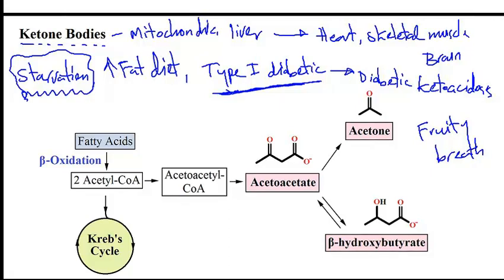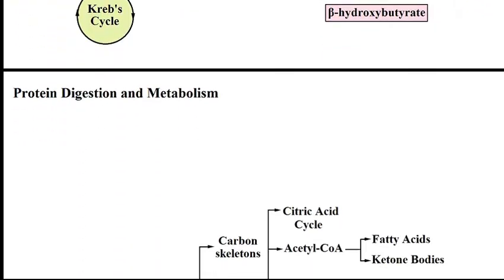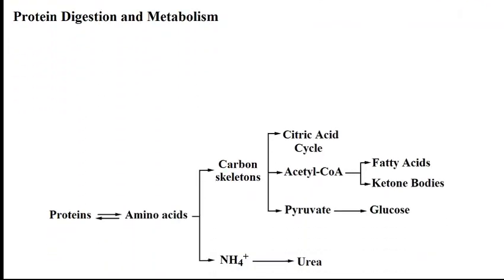Alright, now moving on to the last topic, which is protein digestion. So basically digestion of proteins starts in the stomach, where the hydrochloric acid will activate the pepsin, and pepsin will hydrolyze the peptide bonds.